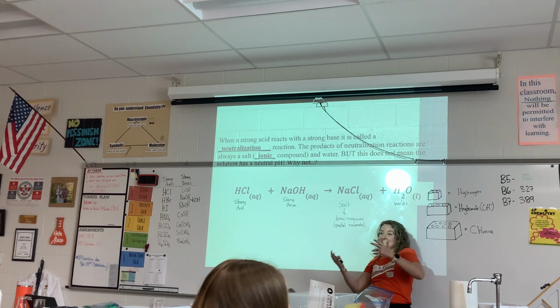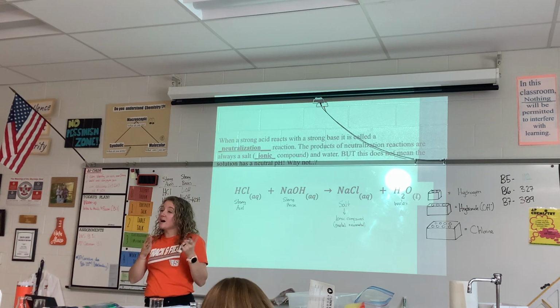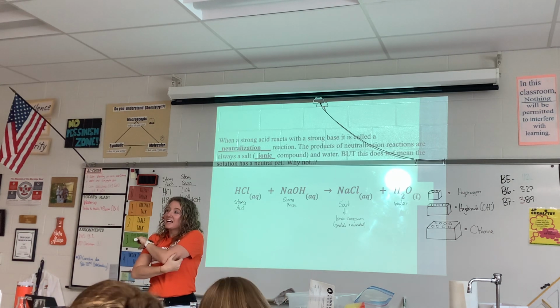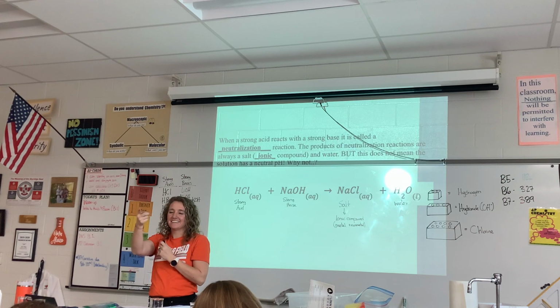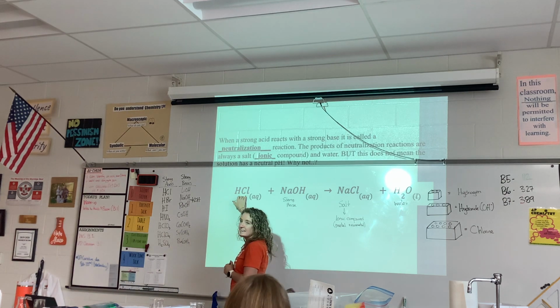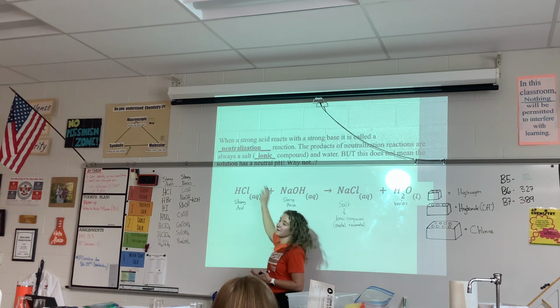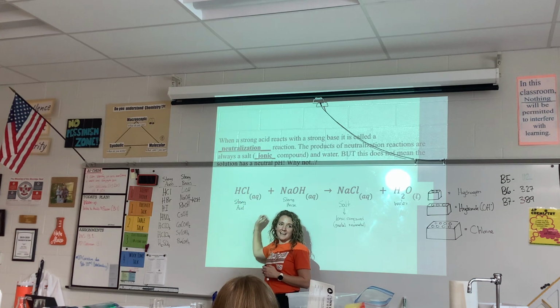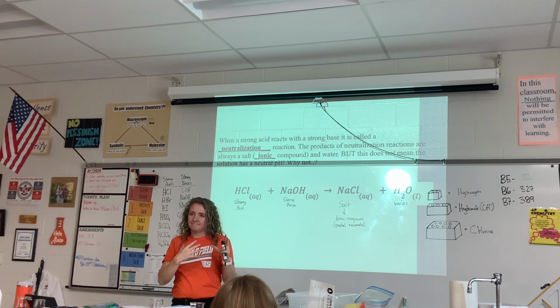The moles have to balance out, right? There has to be the same amount of moles of this to the moles of this, otherwise you could have excess. You have leftover HCl still in the flask, which would not be good. Neither would excess of this. So, does that make sense, neutralization?